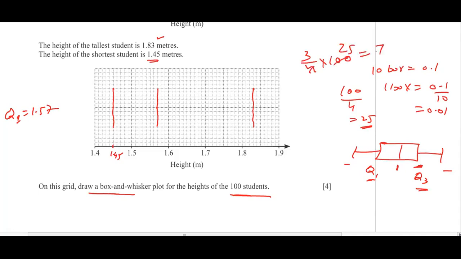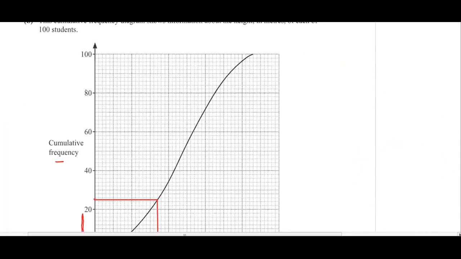That will become 75. So where will 75 be? This is 60. Here, this will be 70, 72, 74, 75 will be this one. Okay, so from here, this is 75. And then take it down.